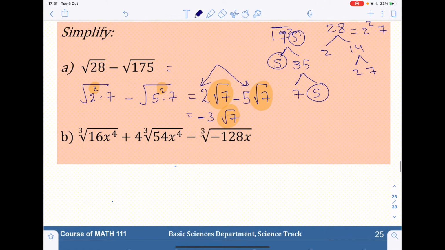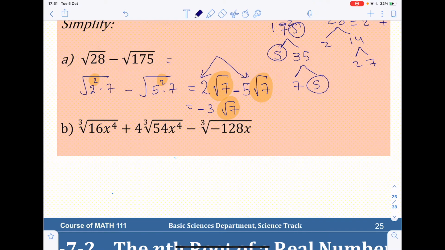Okay. Now let's have this example. In this example, it's the same thing, I will try to put the numbers and the variables to the power of the index. The index here is 3. So let's try to put the numbers as a power of 3.